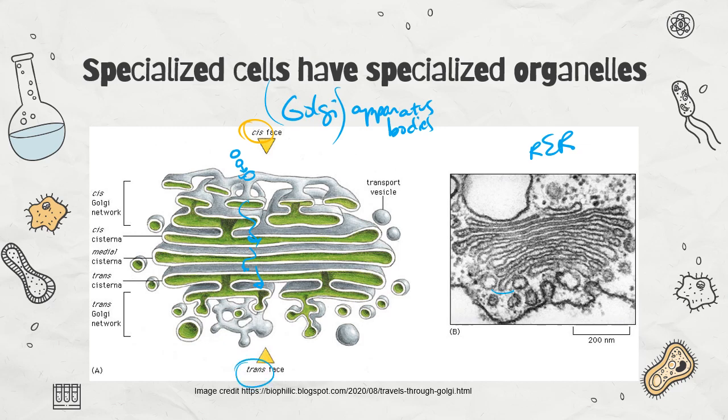The trans face is the side that faces cell membrane. Vesicles pop out. They're going to get transported. That's how I remember. Trans face is the transport out of the cell, get transported as vesicles that will eventually merge. Notice how they're merging here, merging with the plasma membrane, and all the stuff, those proteins that were made by the ribosomes on the rough ER and then modified in the Golgi, get dumped out of the cell as those vesicles merge with the plasma membrane.